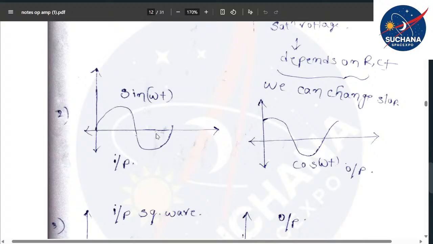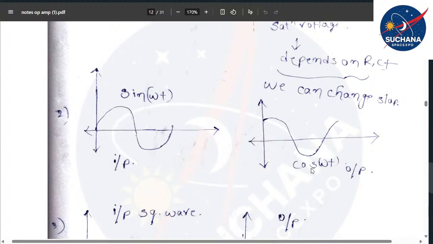So this is the input signal and this is the output signal. I have got cos omega t. I have not got an inverted output of the cos wave, not an inverted cosine function. Why? Because we are operating it as an inverted integrator.